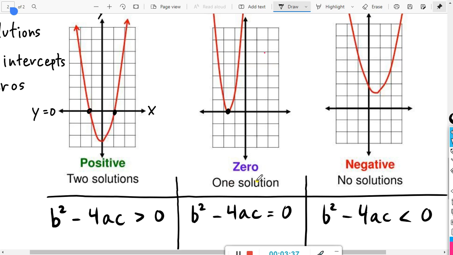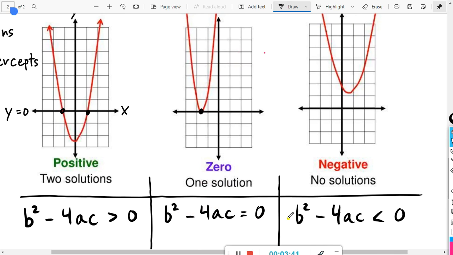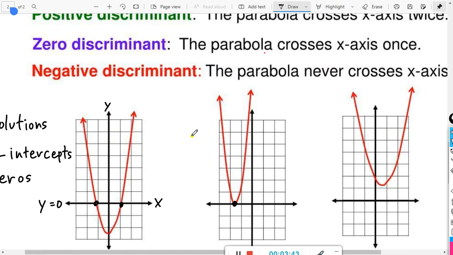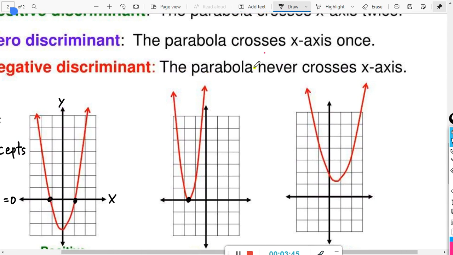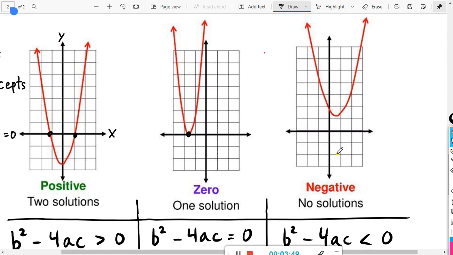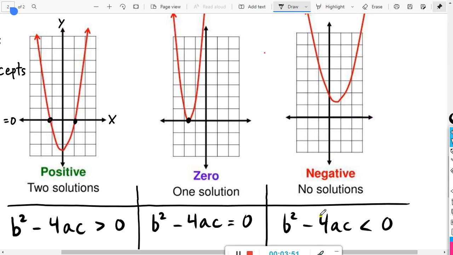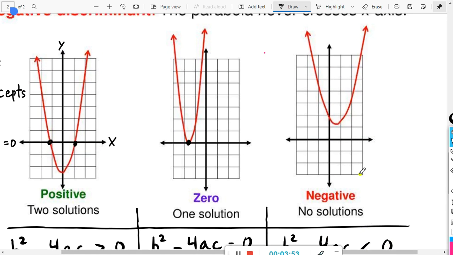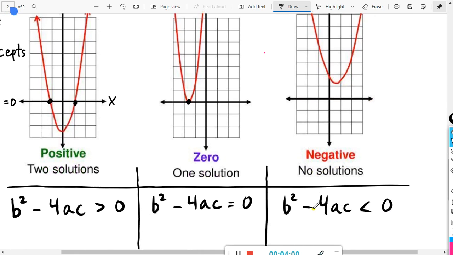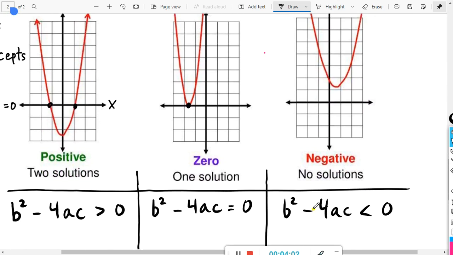That's when the discriminant equals 0. And finally, in the last case, the negative discriminant, the parabola never crosses the x-axis. As you can see in the negative case, when b squared minus 4ac is less than 0, the parabola never reaches the x-axis. So there are no real solutions.